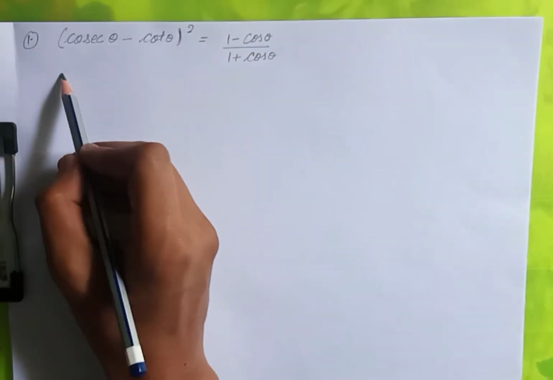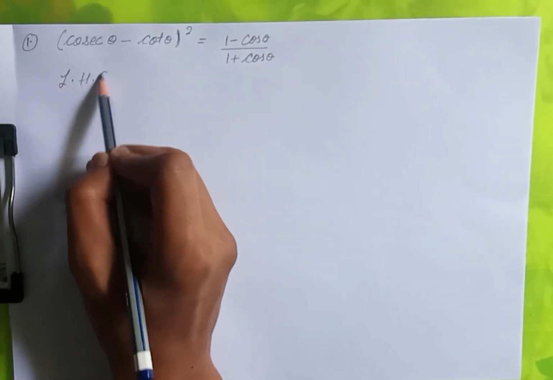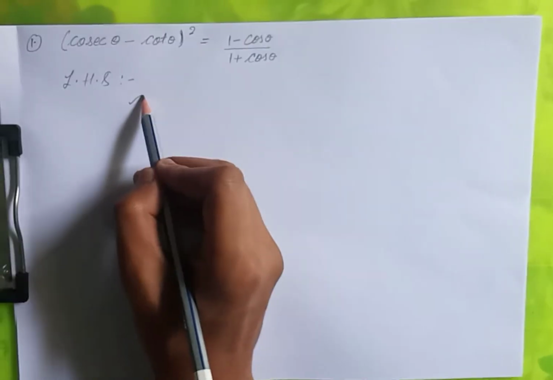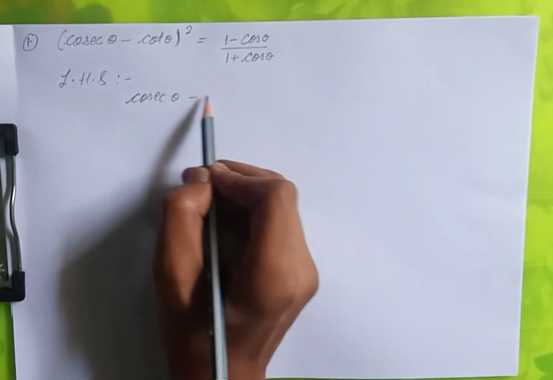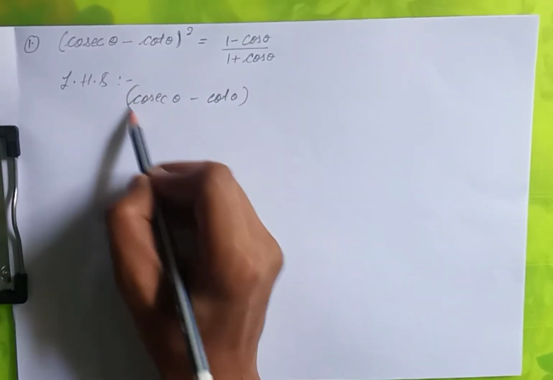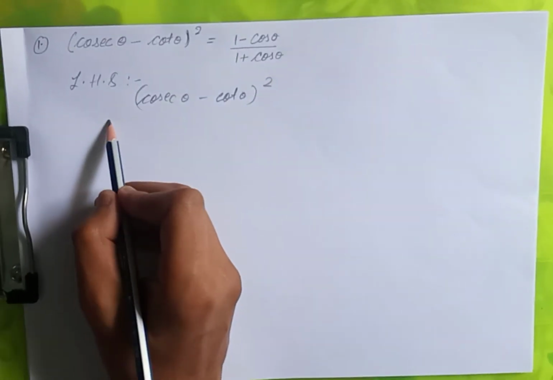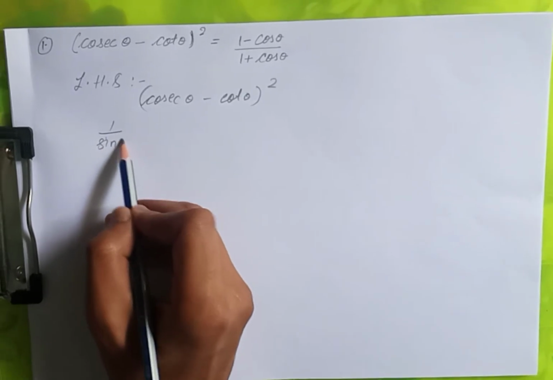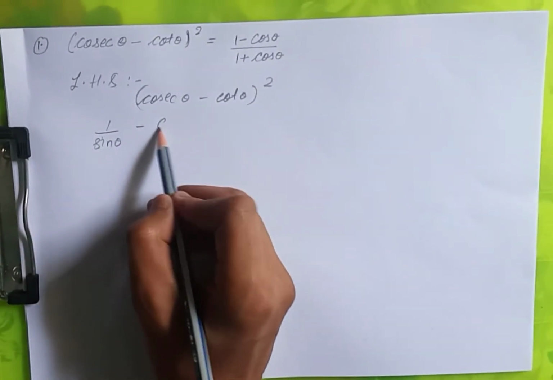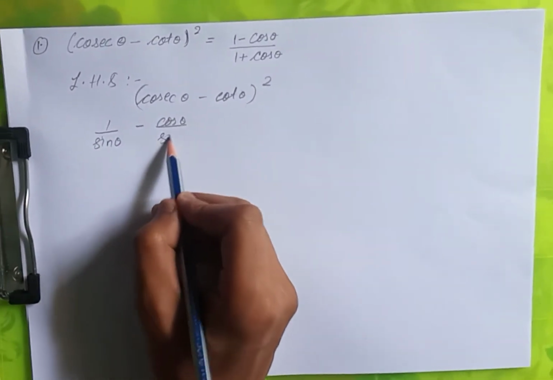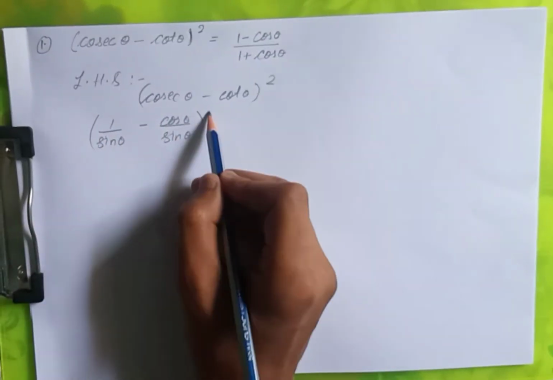So firstly we have left hand side is equal to (cosec theta minus cot theta) whole square. Firstly we simplify this. Cosec is 1 by sin theta minus cot is cos theta by sin theta, whole square.